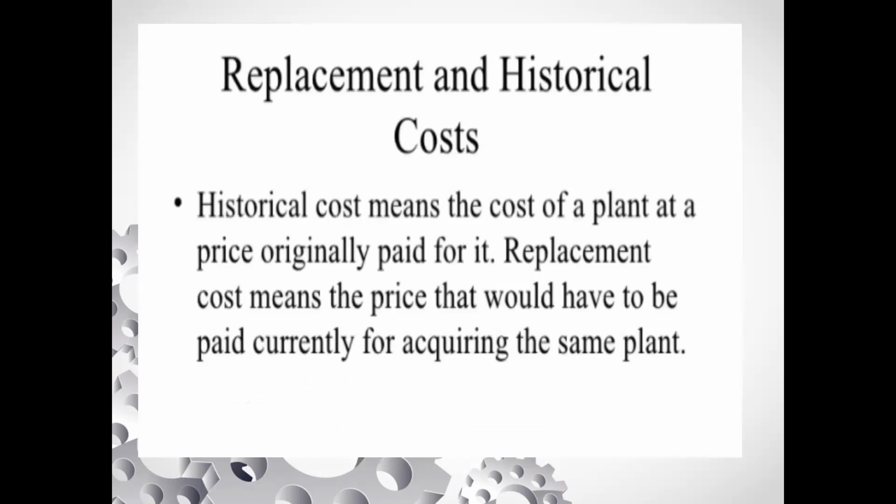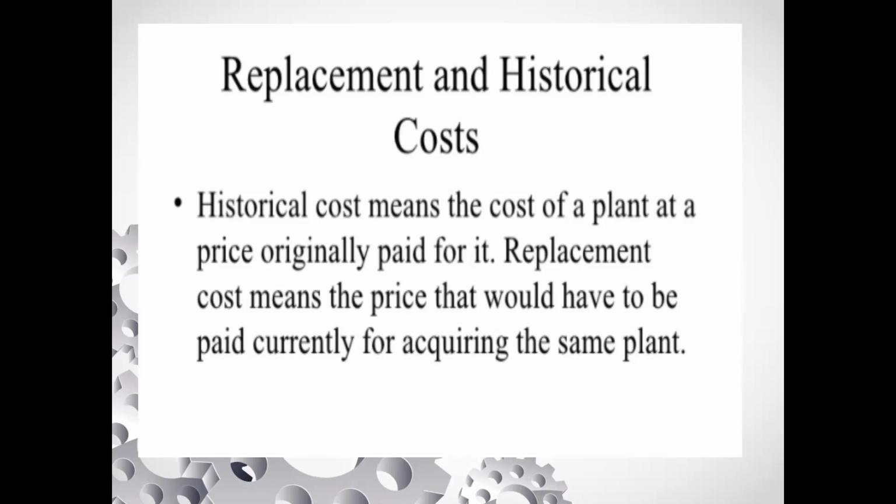And next we move on to replacement and historical cost. Historical cost means the cost of plant at the price originally paid for it. That is, I would have bought that machinery before 10 years. So the cost which I incurred, originally paid for that machinery, will come under historical cost.